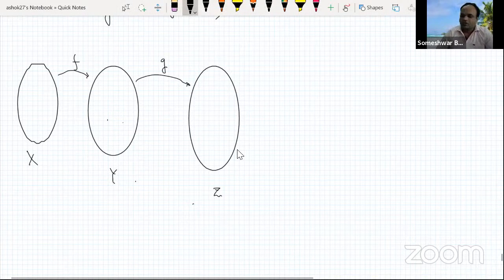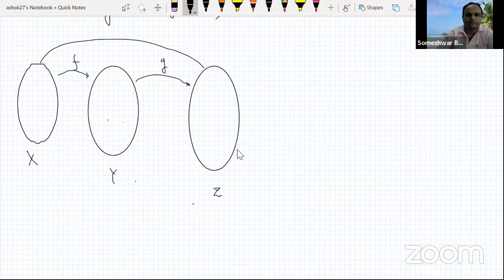The composite mapping is from X to Z. So this is the composition of G and F.